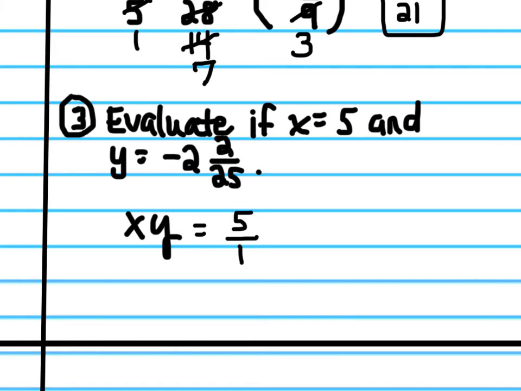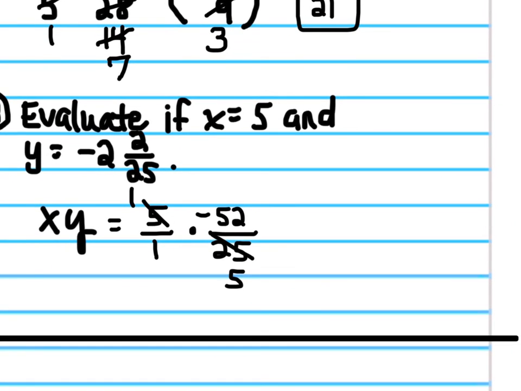The next number is a mixed number, so we make it improper: 25 times 2, ignoring the negative sign for now, is 50, and 50 plus 2 is 52. Then you put the negative back on, so we get negative 52 over 25. Here I can cross cancel, dividing 5 and 25 by 5. I get 1 and 5.